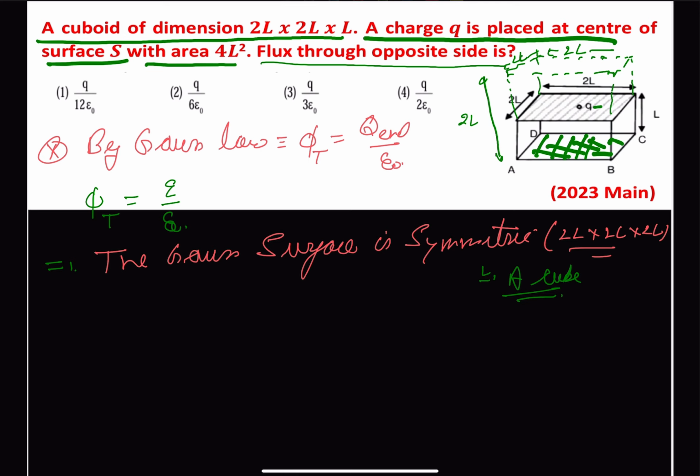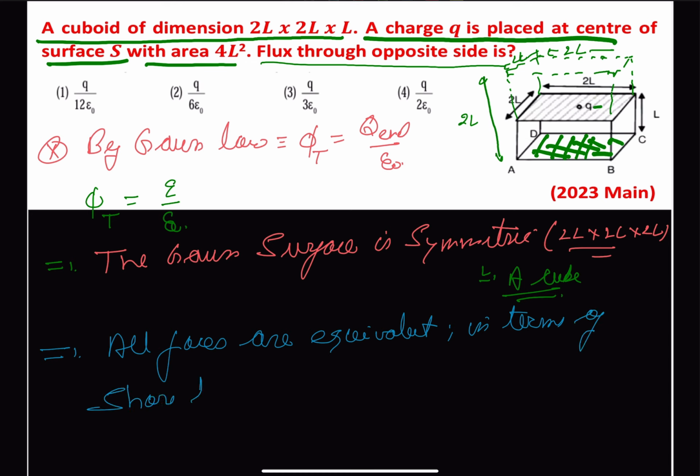Therefore we can draw the conclusion that all the faces are going to have an equivalent share of the flux. Therefore all faces are equivalent in terms of share of the total flux.